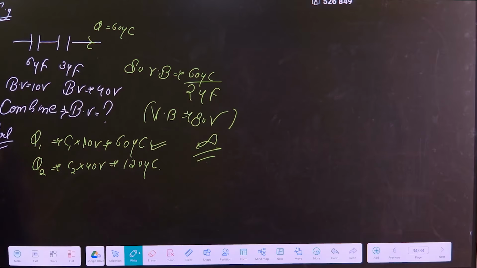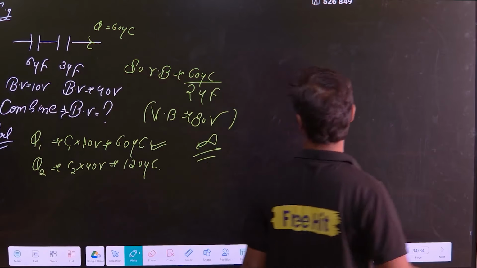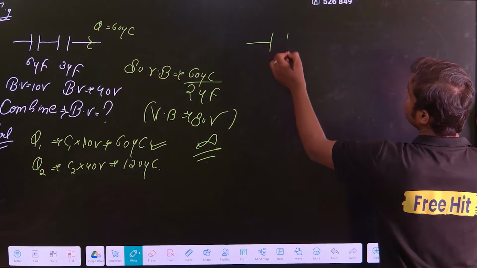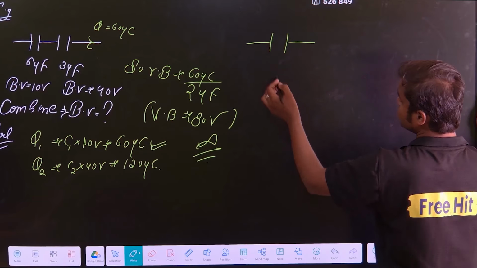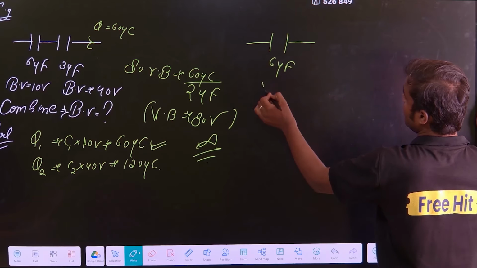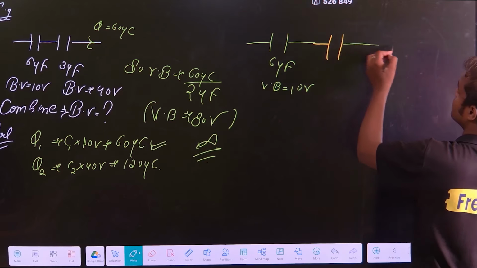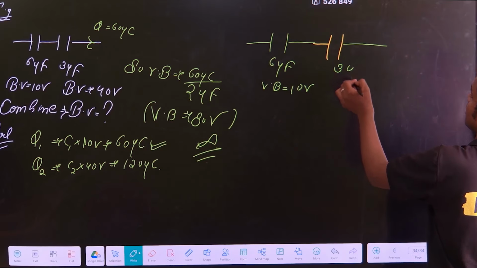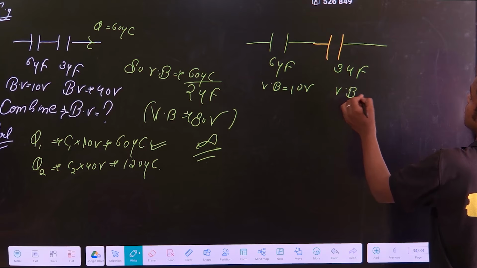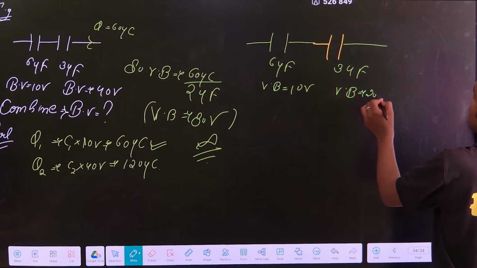Let us take one more example. Suppose there are three capacitors. Suppose this is 6 microfarad and the BV is 10 volt, and suppose this is 3 microfarad and the breakdown voltage is 20 volt.